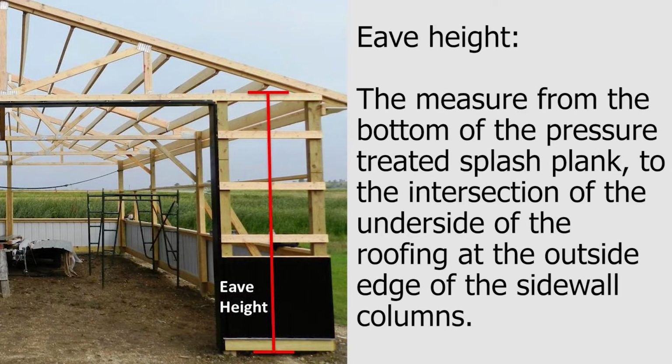We've picked a definition of eave height as the measure from the bottom of the pressure-treated splash plank to the intersection of the underside of the roofing at the outside edge of the sidewall columns. Pretty straightforward. It's always going to be the same whether you pour a concrete floor or you don't. And it is not impacted by the height of the end of the trusses.